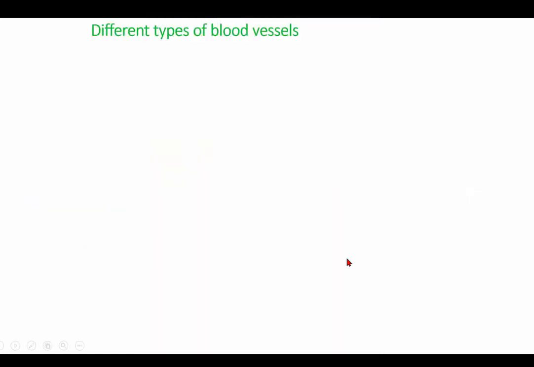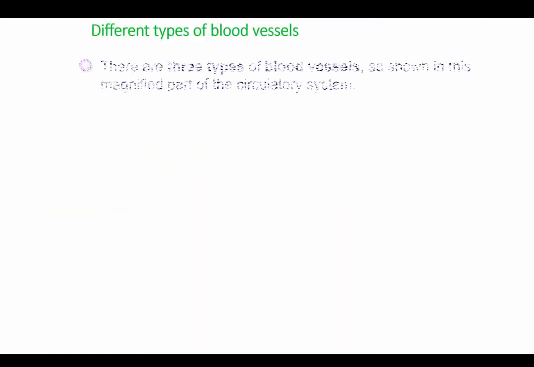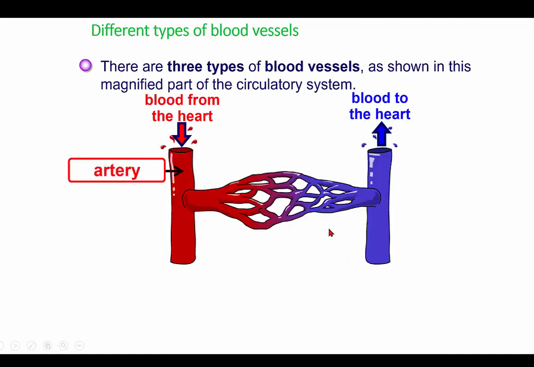So this just shows how the three blood vessels are connected. In this part of the diagram, we've got the arteries, and if you imagine that this is blood coming from the heart, or as we said before, away from the heart, it'll be carried in arteries. The arteries will branch off into smaller arteries, and then when they reach the tissues, let's say for example in a muscle, they're going to branch off smaller and smaller into microscopic capillaries.